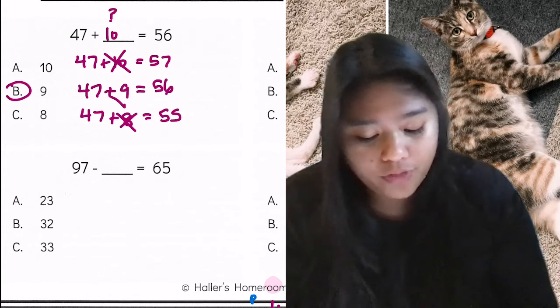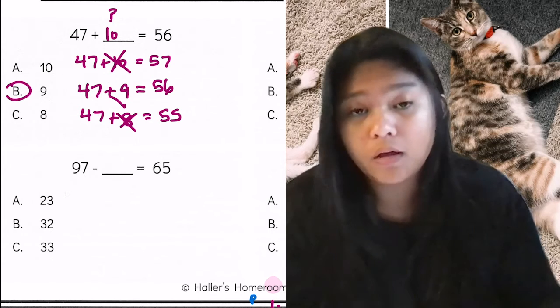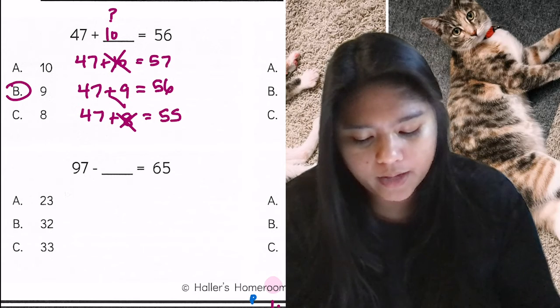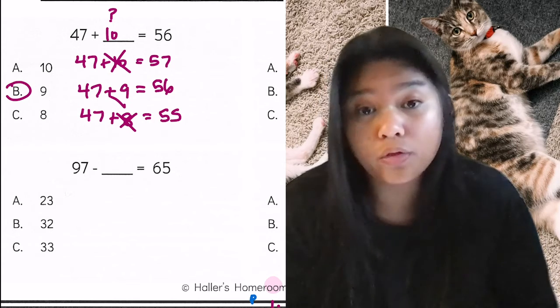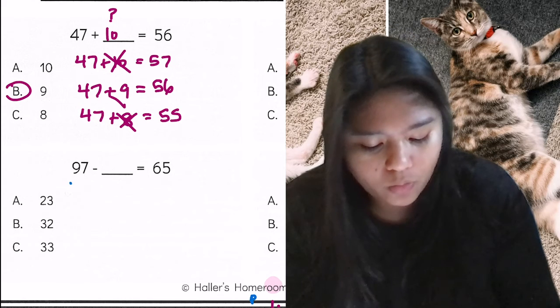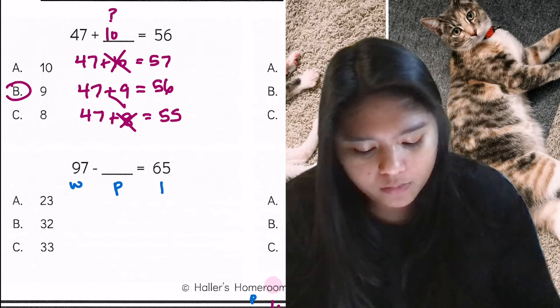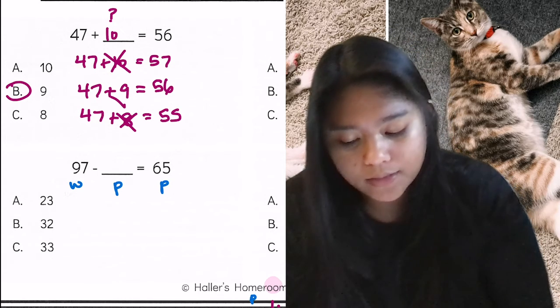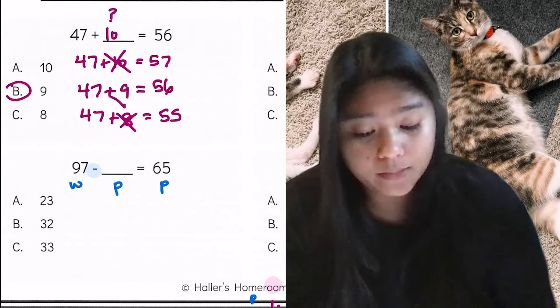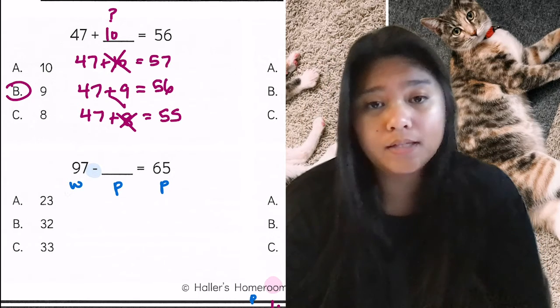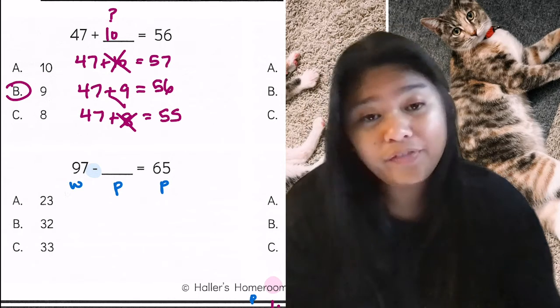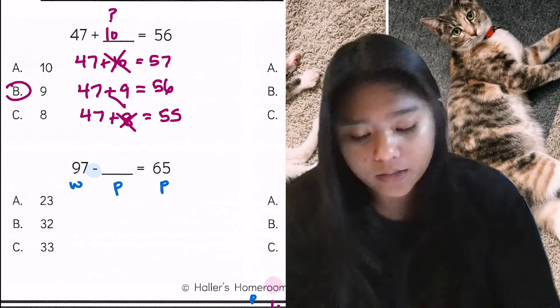I know that in subtraction, and just with all of my equations in general, I know where the wholes and the parts are. Okay, this is a whole, this is a part, this is a part. And I know that because this is a subtraction problem, and subtraction is always a part taken from a whole. What if I flipped my two parts?